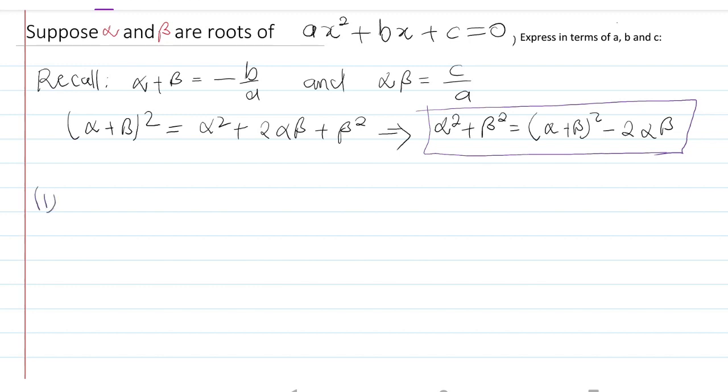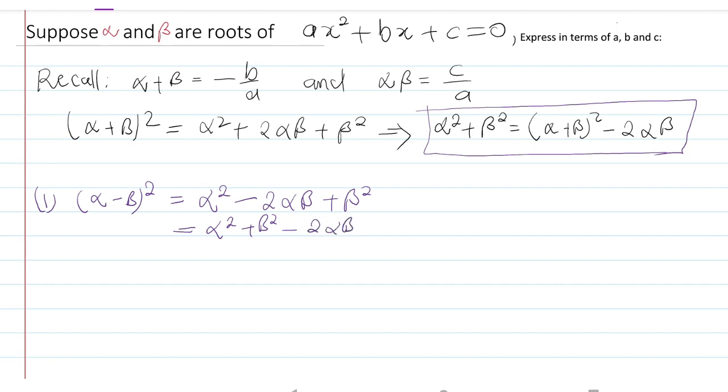So number one, right away I'm going to expand this, which gives us alpha squared minus twice alpha beta plus beta squared. Okay, so we can write this as alpha squared plus beta squared minus twice alpha beta.